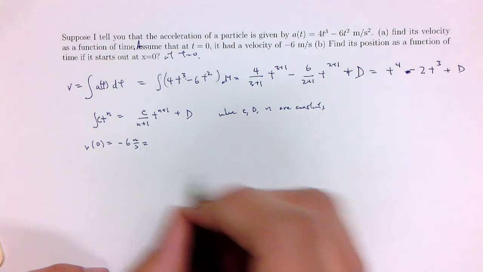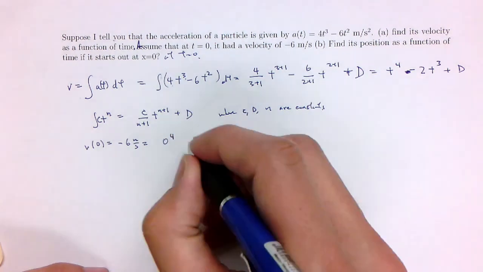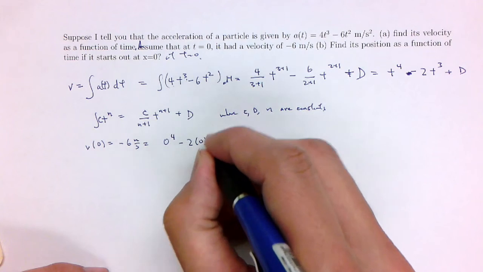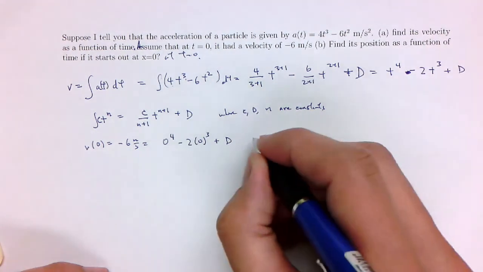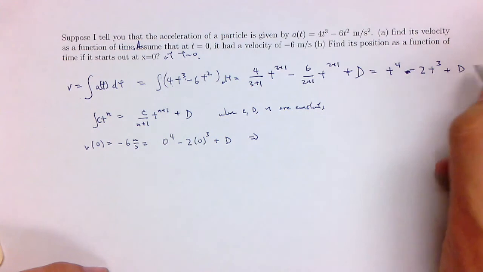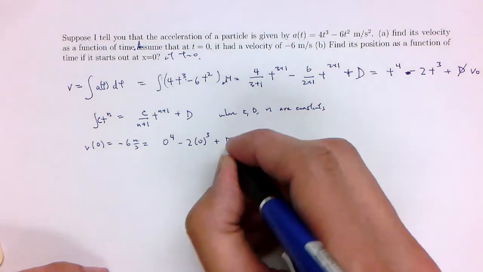What's that equal to? That's equal to 0 to the 4th minus 2 times 0 cubed plus d. Actually, I shouldn't call this d, I should really call this v0.